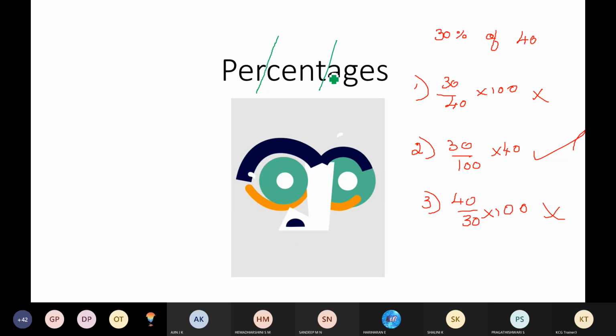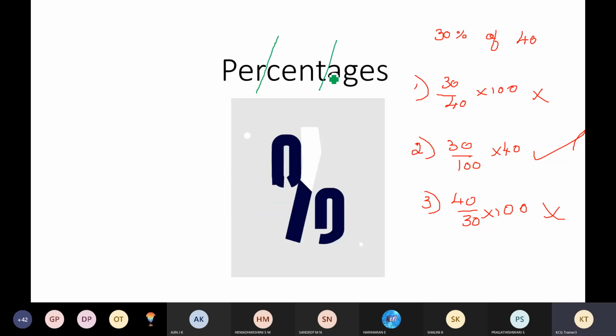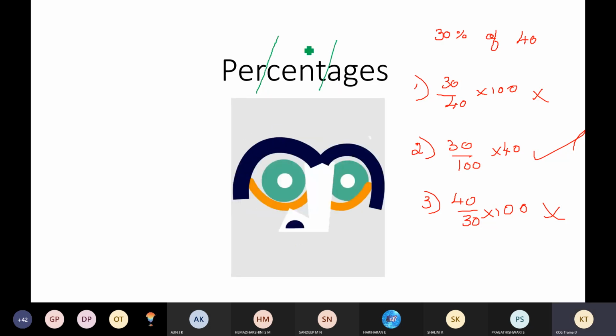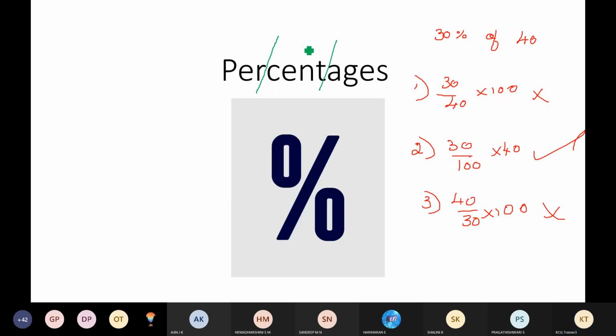What does the word cent represent? It corresponds to what? Have you guys heard of any word that starts with cent?